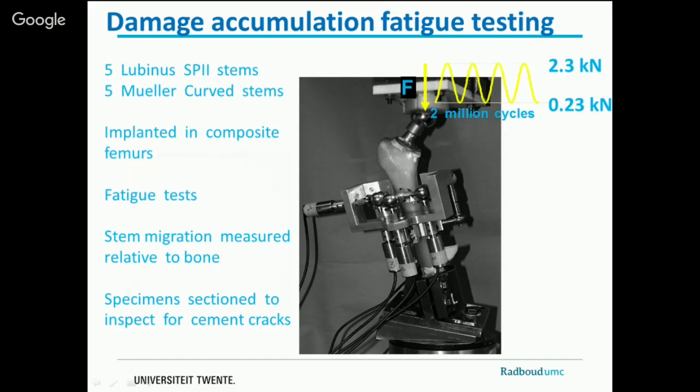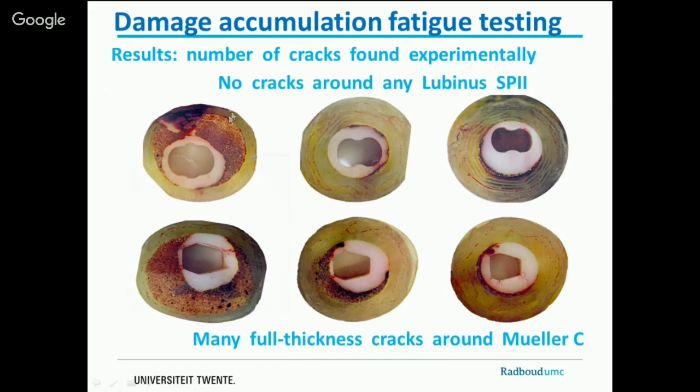Okay, then we said, let's dynamically load the implants in a sawbone because we can standardize that. So this is an MTS machine loading an implant which is cemented in a sawbone, and we tested two types of implants, a Lumina and a Müller curve stem. Just two types of implants, okay? And then we cross-sectioned it, and we looked at how they look after loading.